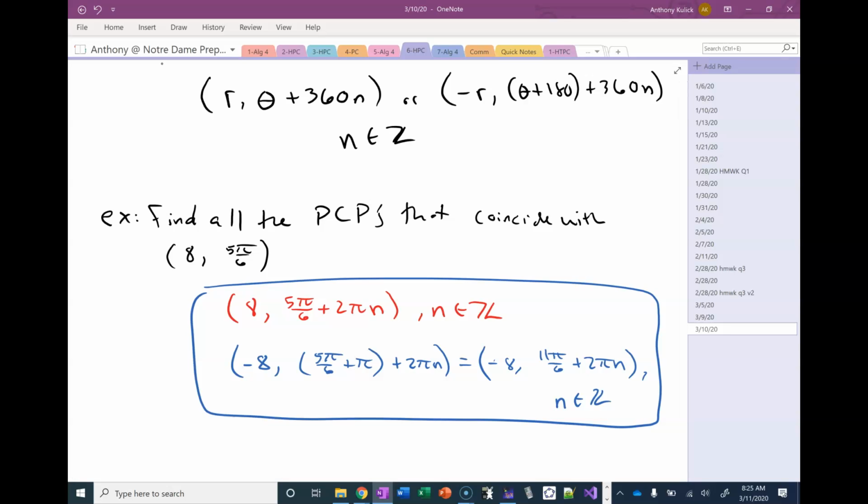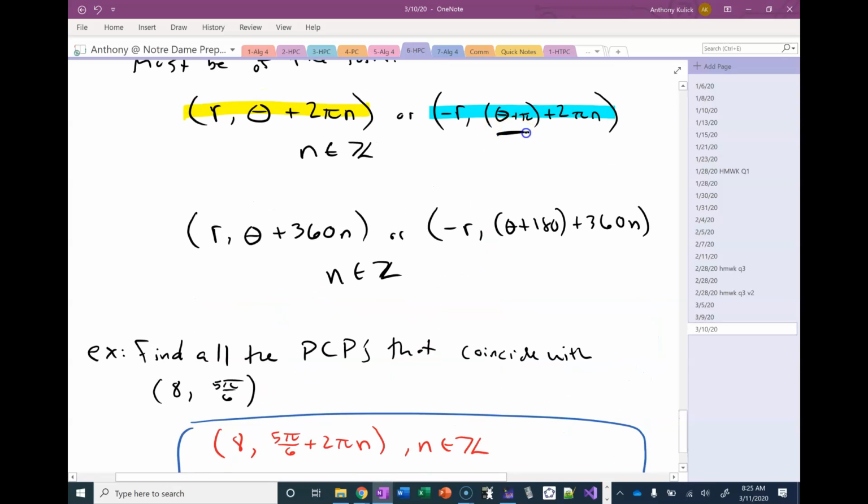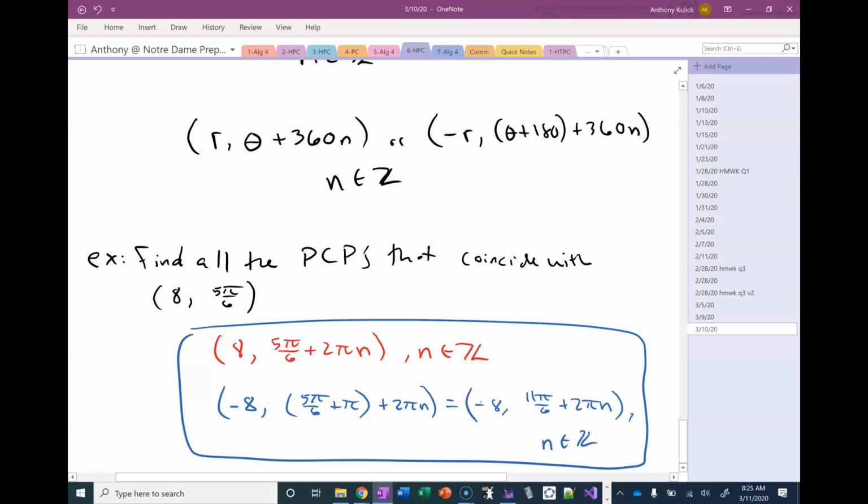That's the formula above from the definition. The yellow is in red, blue is in blue. You need to have both of them because it wants all the points that coincide, so you have to have both sets. Okay?